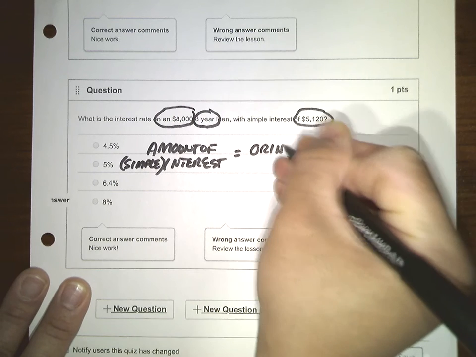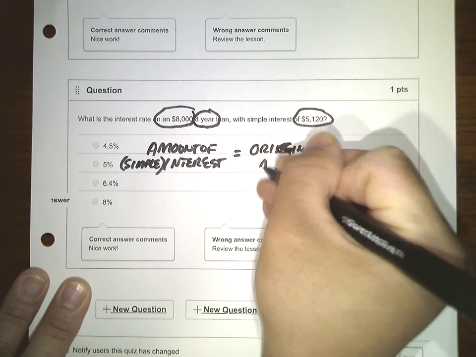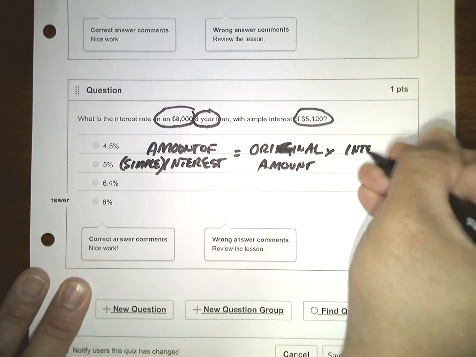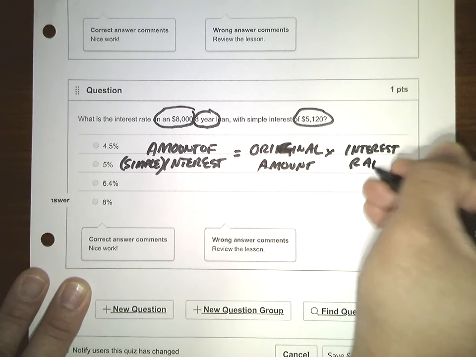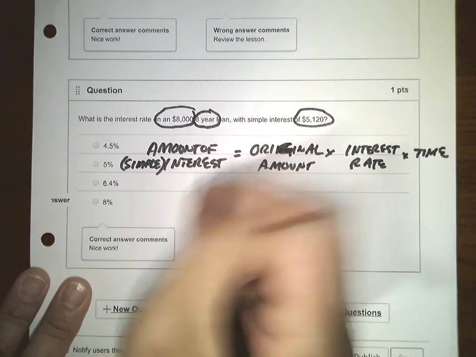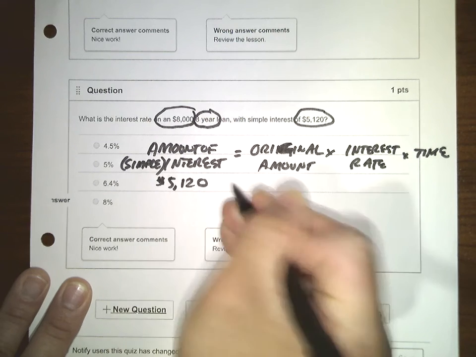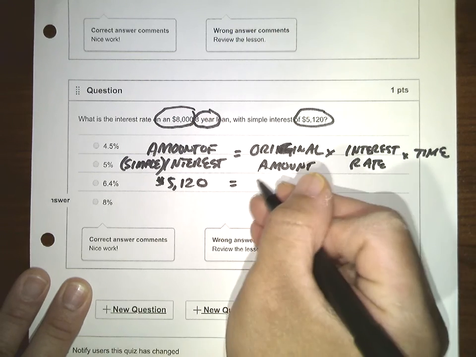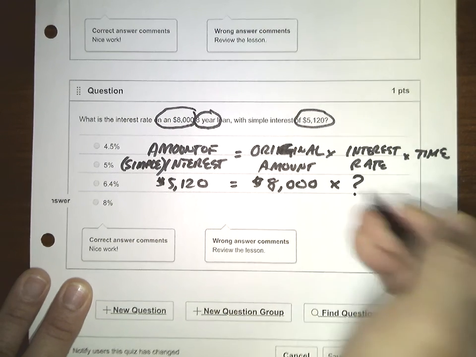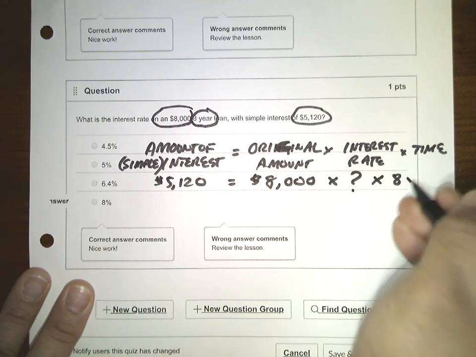So that will be the original amount times the interest rate times the amount of time of the loan. So the amount of the interest was $5,120. The original amount of the loan was $8,000. The interest rate we don't know, so I'll put a question mark. And the time was 8 years.